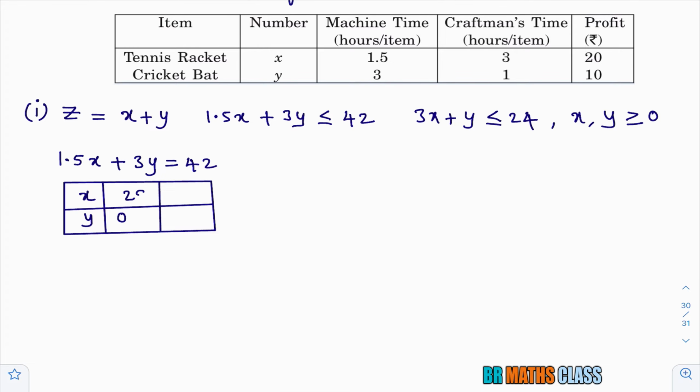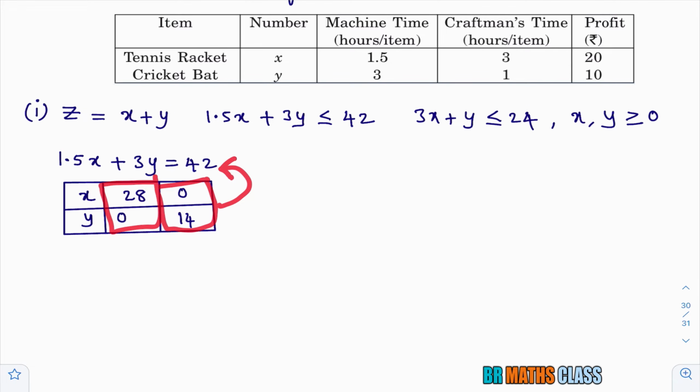So 1 point on this line is 28, 0. Now you put x equal to 0 in this equation. If you put x equal to 0, you will get 3y equal to 42. Then what is y? Y equal to 14. Right? So 0, 14. Now you know 2 points, 28, 0 and 0, 14 on this line.